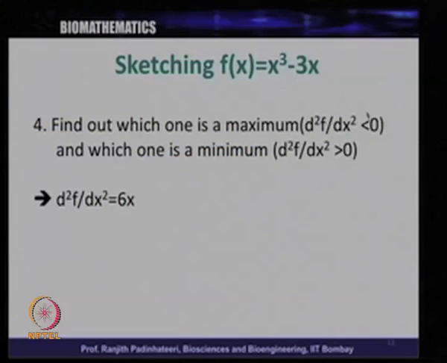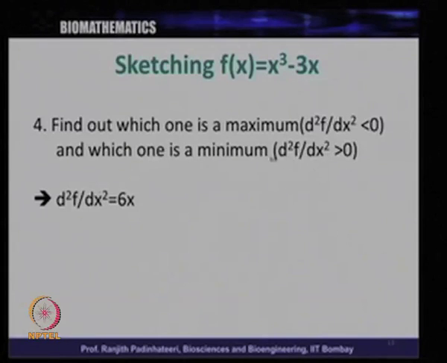If it is greater than 0, it is a minimum. If the second derivative is less than 0, it is a maximum. This is what is written here: if d square f by dx square is less than 0, it is a maximum, and it is a minimum if d square f by dx square is greater than 0.